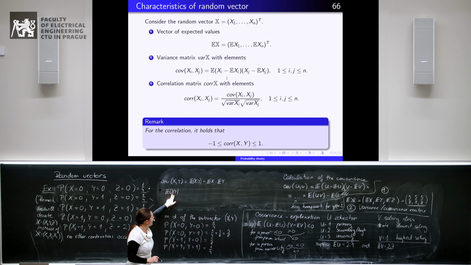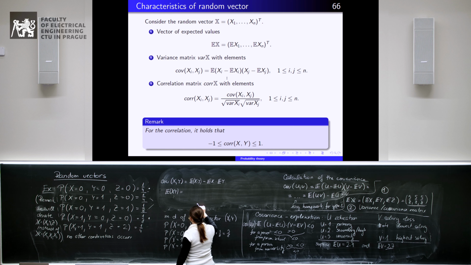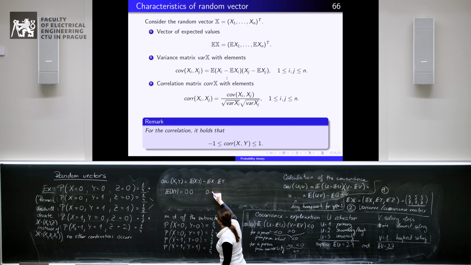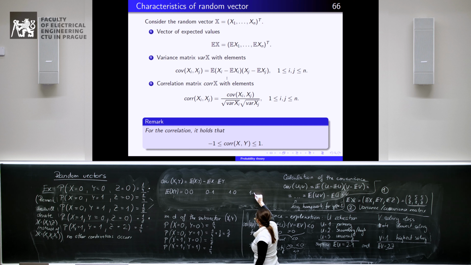So what happens in the product of X and Y? We take all combinations of X and Y, calculate their product, and multiply it by their probabilities. And then we make the sum of all these terms. So X and Y can be either 0 and 0, or 0 and 1, or 1 and 0, or 1 and 1.